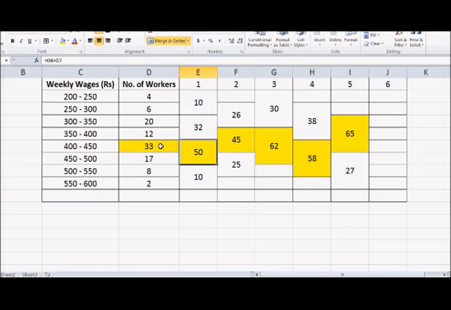So now once we have got the maximum, we need to count and see which class has got the maximum number of maximums. First class, we see that there are no maximums, so it is 0. The second class, again we see that no maximum has fallen in here, so again this is 0.